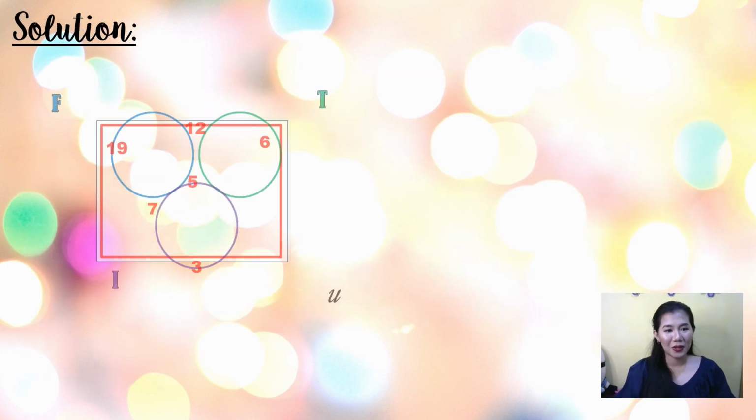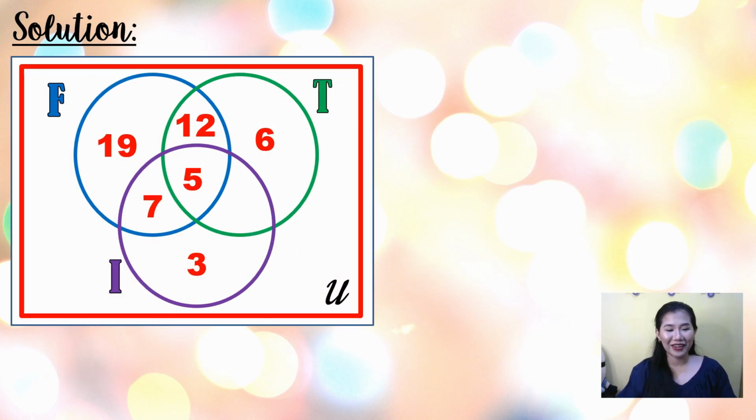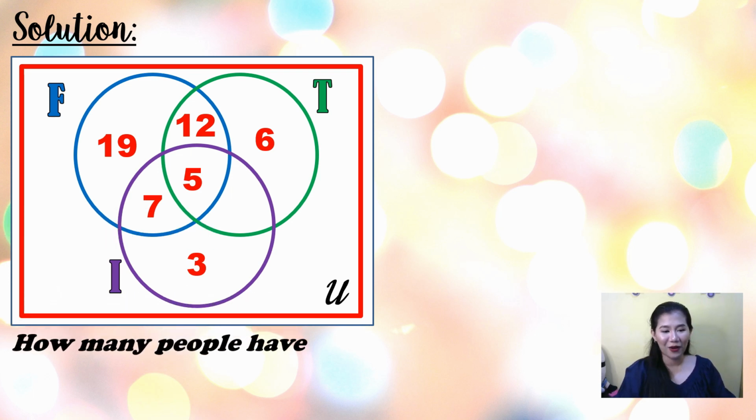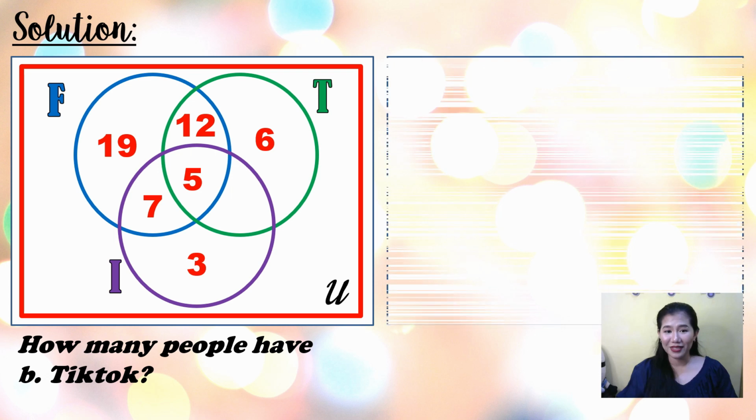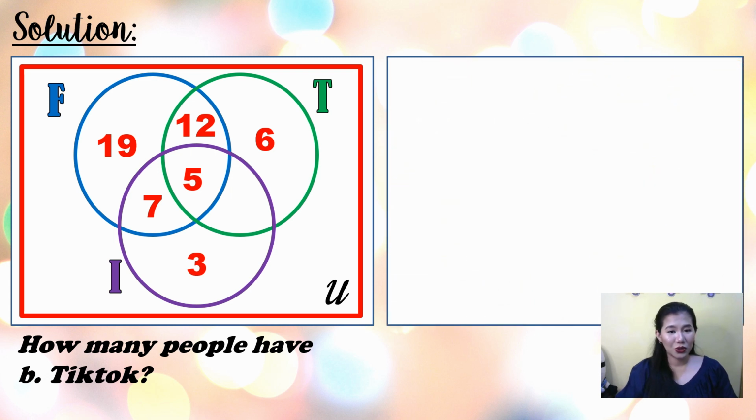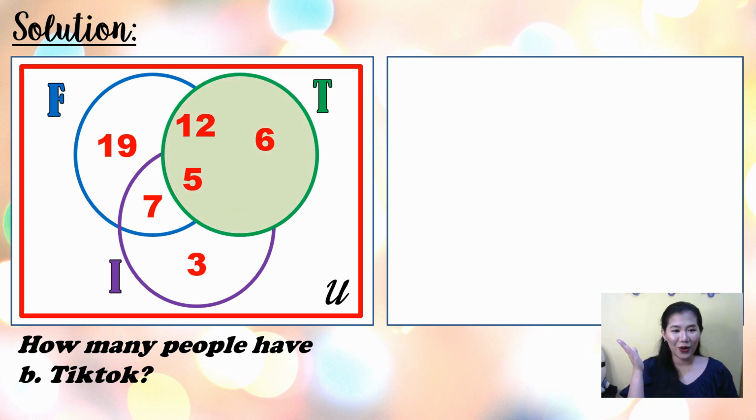Alright, so let's have the following Venn diagram again. Let's answer letter B question. How many people have TikTok accounts? To answer that, where is your TikTok? Your TikTok is the green circle, right? So let us shade it. May I shade it for you? There you go. As you can see, the numbers there are 12, 5, and 6.